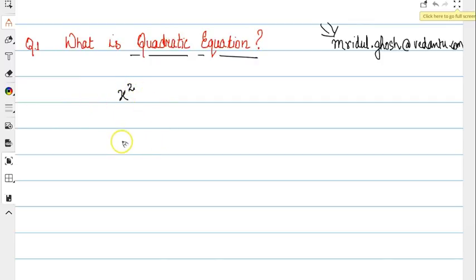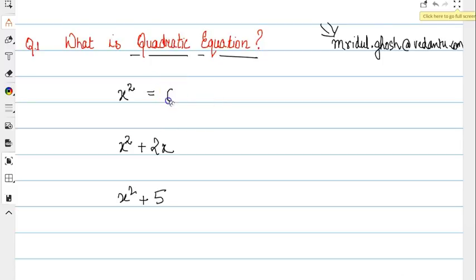Now I can have additional terms with this also. For example, x squared plus 2x. This is also a quadratic expression. x squared plus 5, this is also a quadratic expression. These are not equations yet. These are expressions. Now when will these things become an equation? When I equate them to something, some constant number, right?